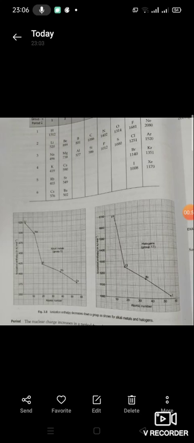Due to the increased number of such shells, the valence electrons are effectively shielded from the increased nuclear charge. Thus, the effect of increased nuclear charge is offset by shielding, and the ionization enthalpy decreases with increasing atomic size down the group.